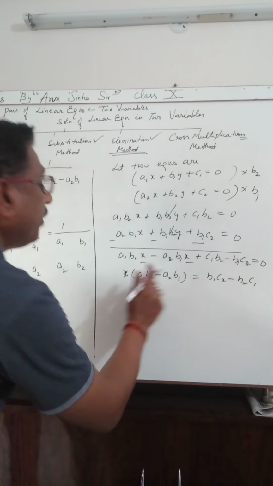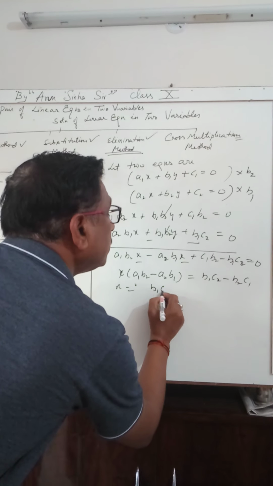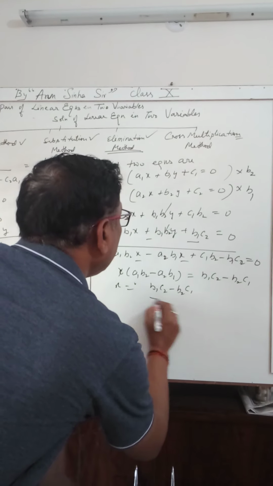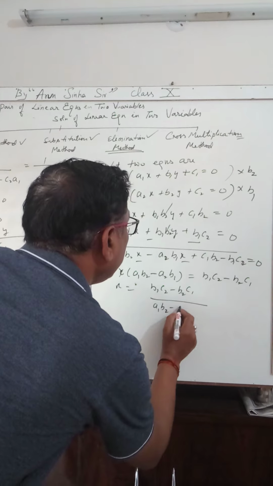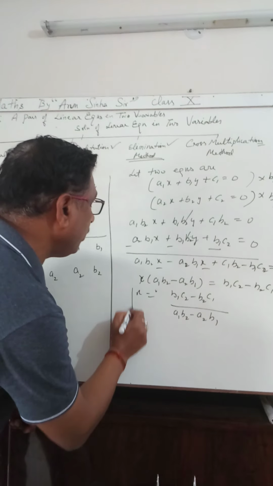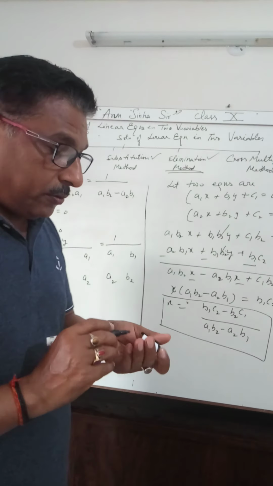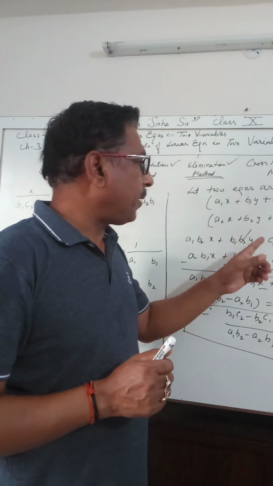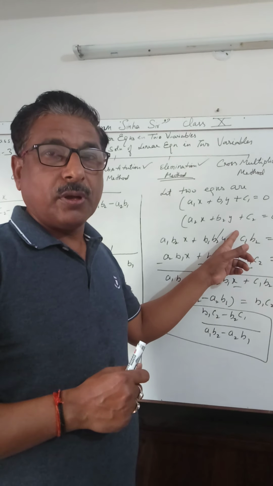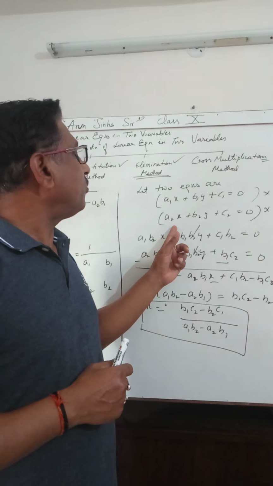So the value of x is b1 c2 minus b2 c1 upon a1 b2 minus a2 b1. Now you can see that you have obtained the value of x.